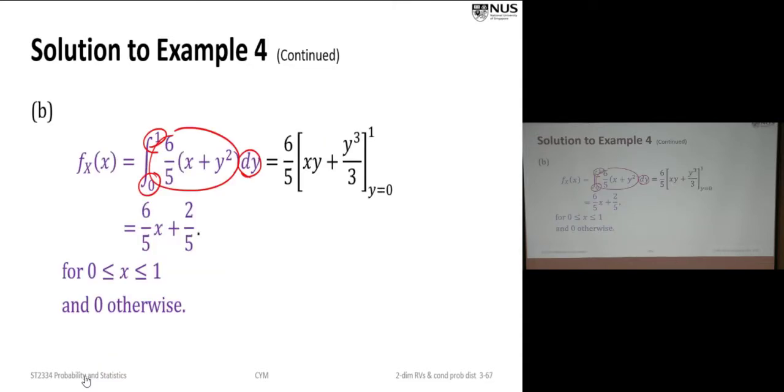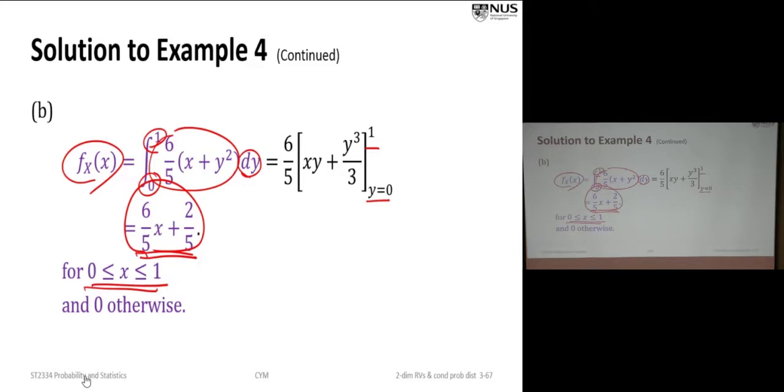So after we complete the integration, it's equal to this. No more y, all right? Because all the y's are integrated out. So the marginal of x is equal to 6 over 5 times x plus 2 fifths, and this is valid for x between 0 and 1. All right?